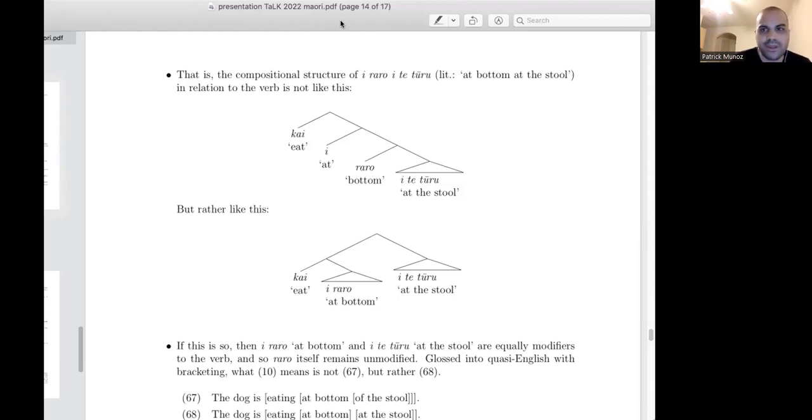I predict that, and I think it does happen in English. I have no idea if it happens in Maori, but that is what I predict should happen cross-linguistically. There should be a distinction between names that are rigid, become non-rigid through modification, and then get a definite, versus names that are already non-rigid, stay non-rigid through modification and get a definite.